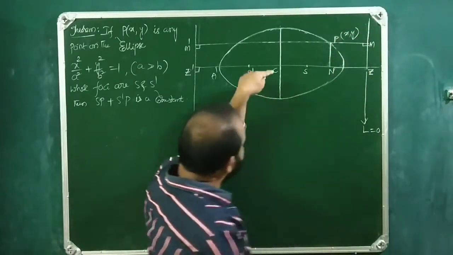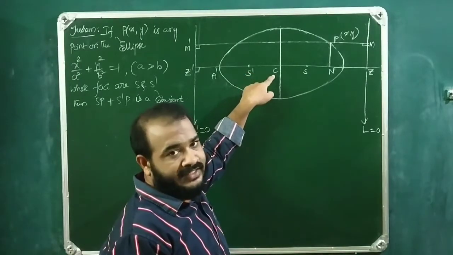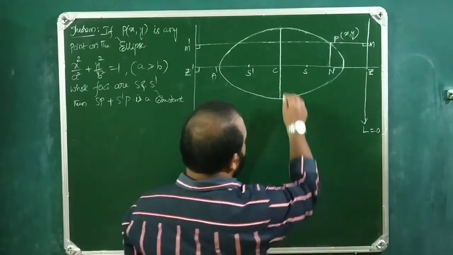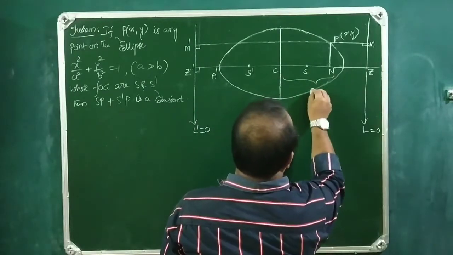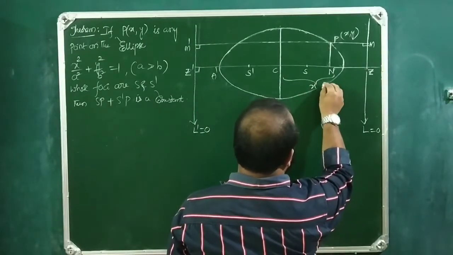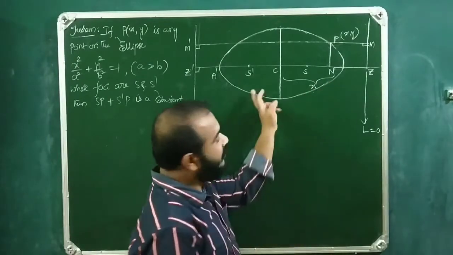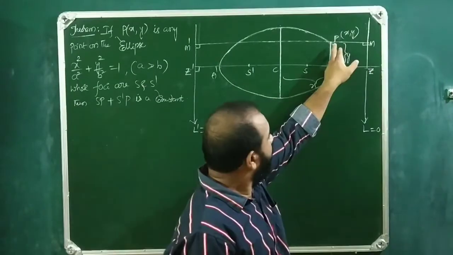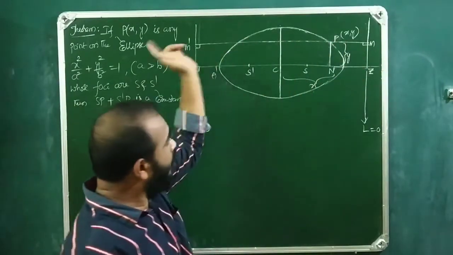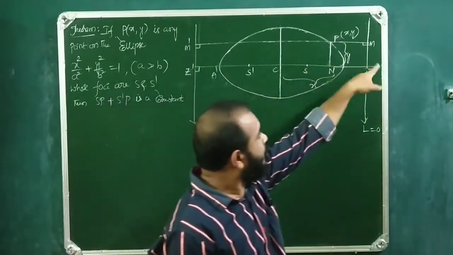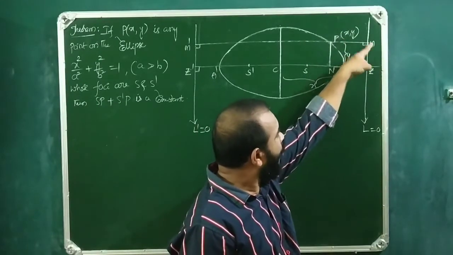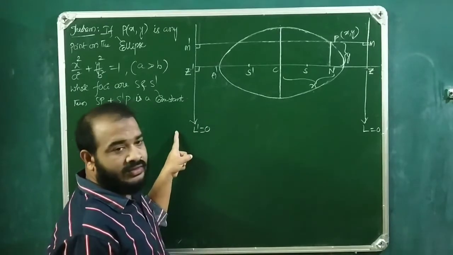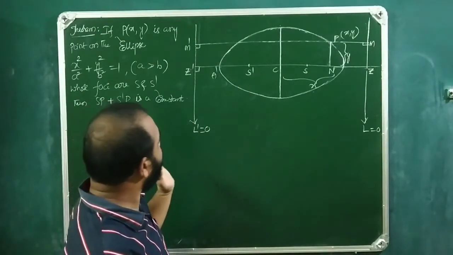Since C is the center, which is the origin, CN equals x and this height is y. M and M dash are the perpendiculars from P on the directrices L equals 0 and L dash equals 0 respectively.